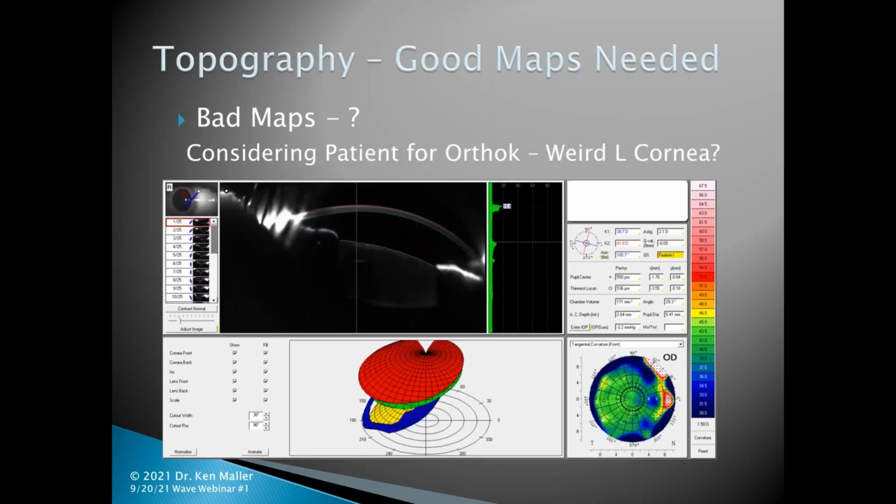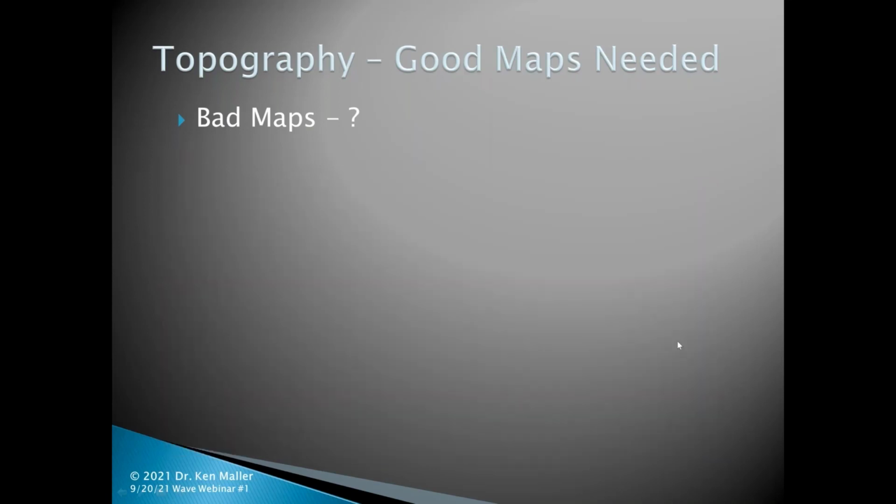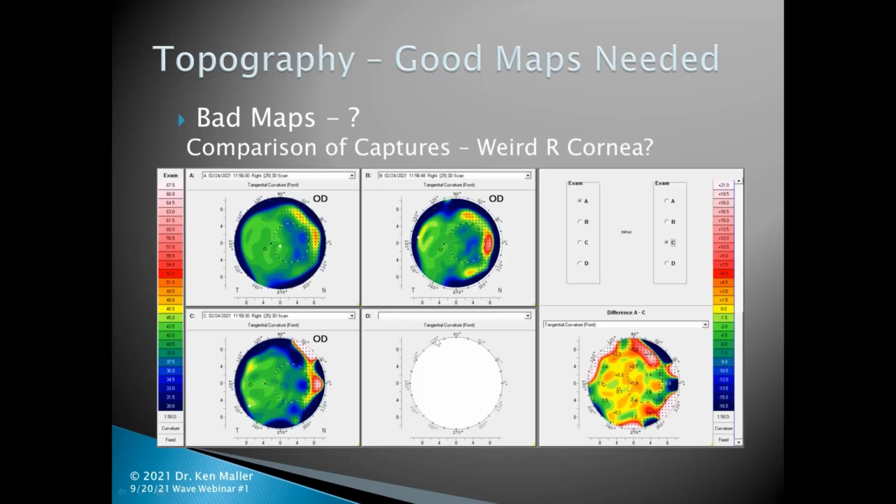And we come over here and we have, I'm sorry, I displayed this right one. That's an error on the screen there. But I did go ahead and put a comparison of the three right eye captures over here. And I did a difference map on the first one, this A map, and the C map, which is this one down over here, to show the difference between these two captures. Now, this is the same exact patient.